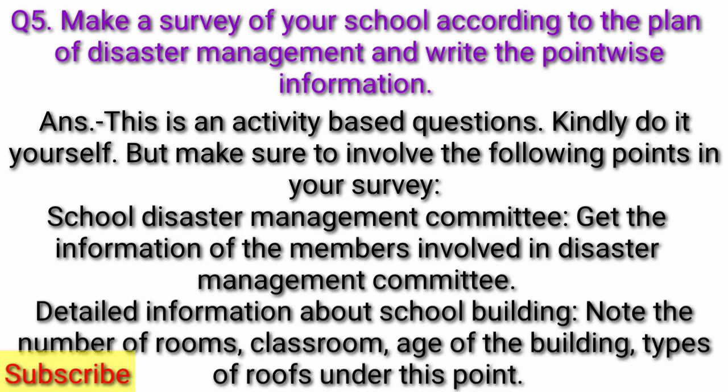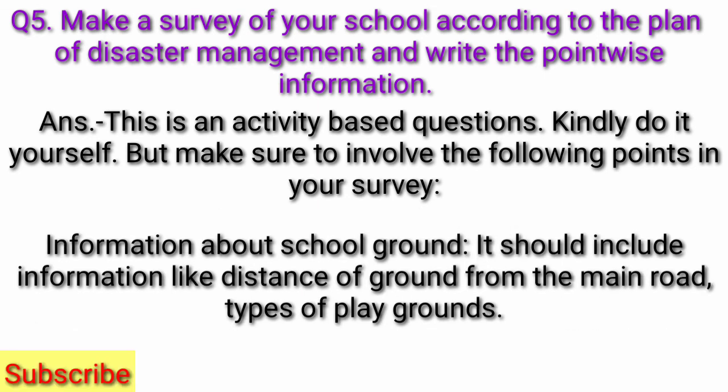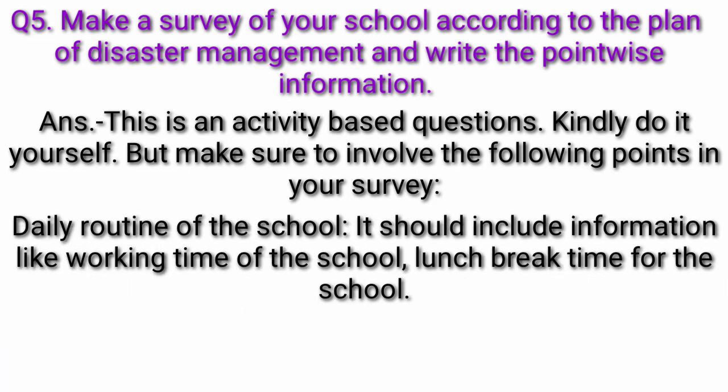Detailed information about school building. Note the number of rooms, classroom, age of the building, types of roofs under this point. Information about school ground. And it should include information like distance of ground from the main road, types of playgrounds, daily routine of the school.